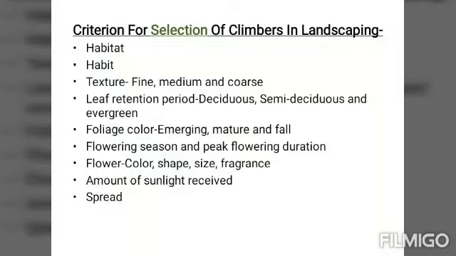One more criterion is the flowering season and the peak flowering duration, how much duration it takes for flowering and withering, because there are some flowers which last for 2 weeks, 3 weeks like that. And the amount of sunlight received: how much sunlight is needed for that particular climber.